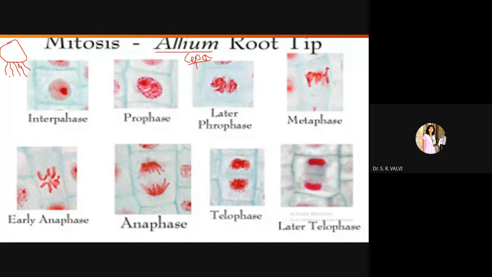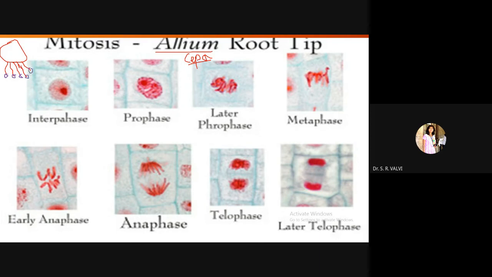So here what we do, let me change the color of my pen. Here we take only the tip portion of the roots of the onion. And then we add 1 or 2 drops of acetocarmine.